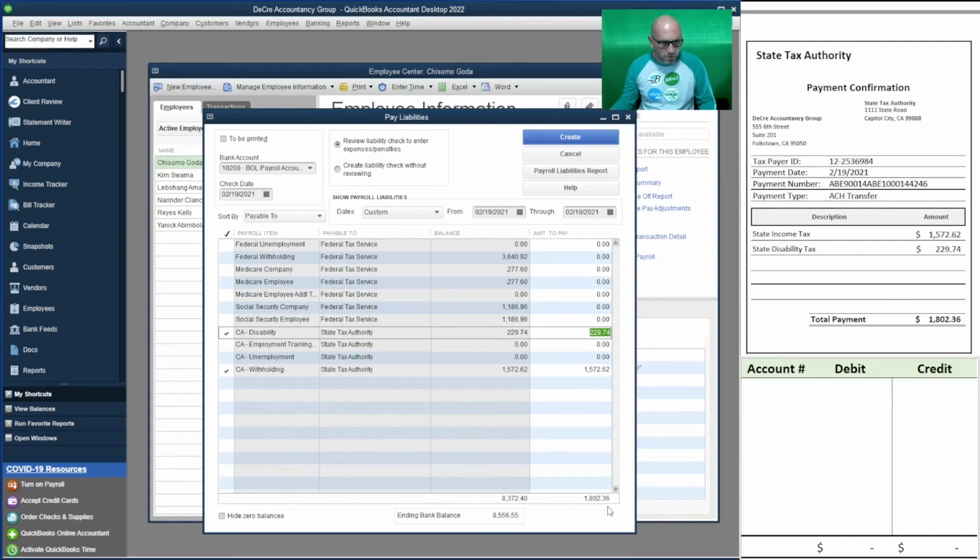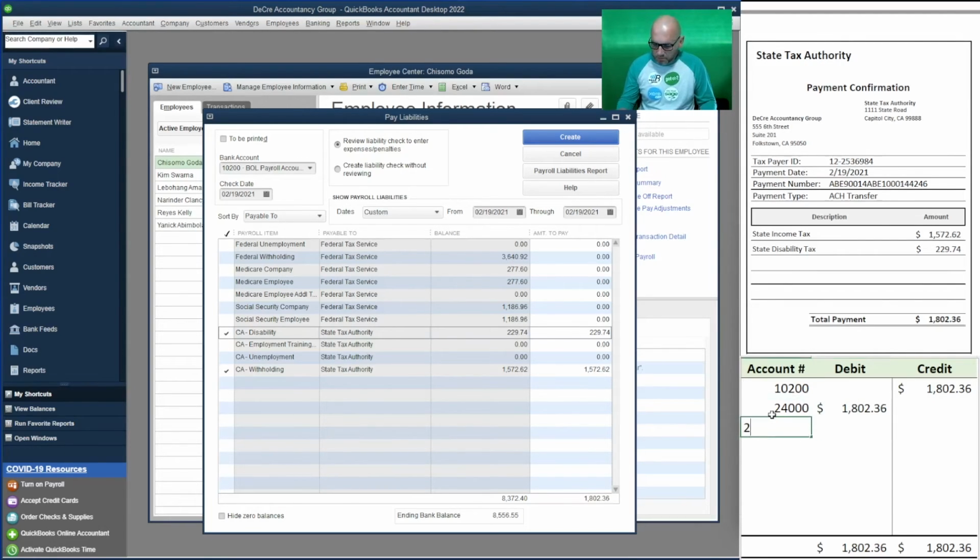All right, $1,802.36. That is correct. All right, again, the money will be coming out of our payroll account, so that's an asset that will be reduced. To be reduced, it has to be credited. What else is happening? Our payroll liabilities will be reduced. Remember, we put money in there, it was going out, now it will be reduced. Payroll liabilities go down when they're debited. All right, debits and credits are in balance.